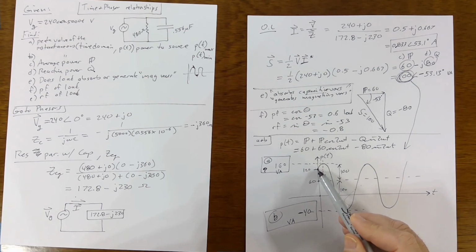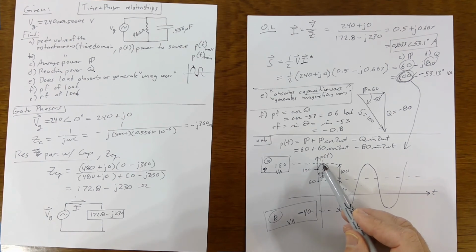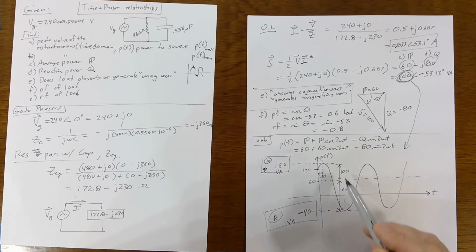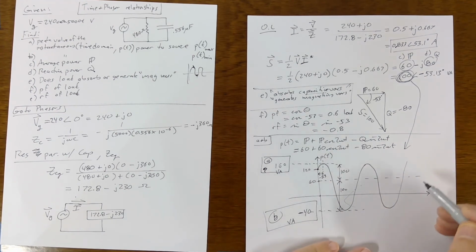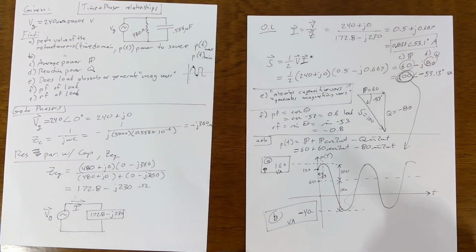But the generator has to send up to a maximum value of 160, and down to a value of minus 40. It's sending a sine wave of an amplitude of 100. But sometimes the power is going forward and sometimes the power is going back. It's weird. All right. That's that problem.